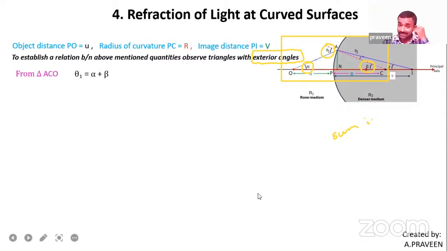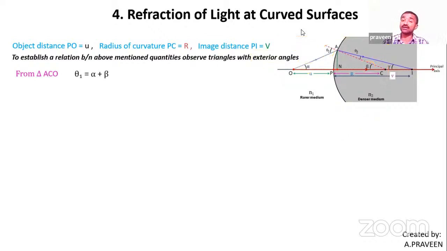Now find out, is there any other exterior angle here? That exterior angle is beta for the triangle ACI. From the triangle ACI, I can establish a relation between exterior and interior angles.